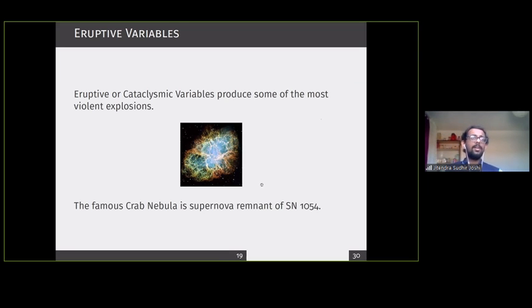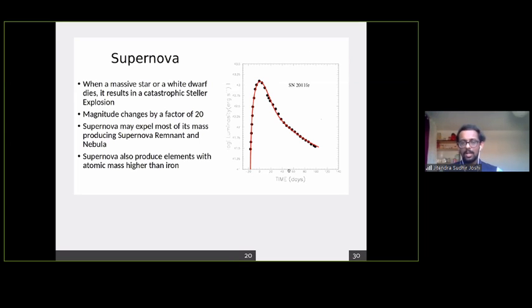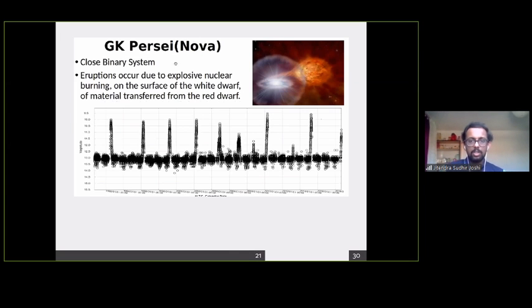Now, eruptive variables. At the end of their lifetime, stars erupt, stars explode, and they form a nice, beautiful supernova or nova. I won't tell you much about supernovae and novae, but these are some examples. This is a supernova. A nova is a burst that happens when there is a white dwarf and a companion star.